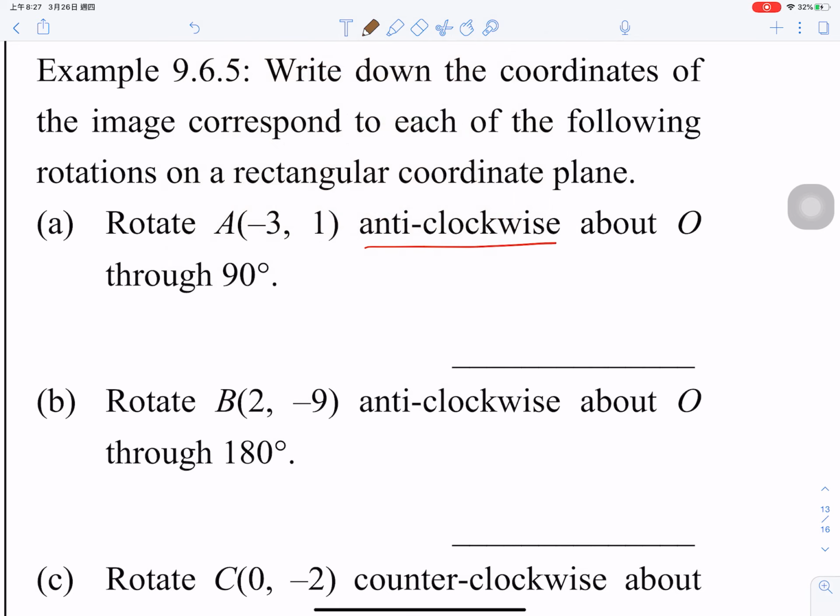Okay, let's see. -3, 1 is at this position. After being rotated anti-clockwise 90 degrees, it becomes here. And this is the image of A.